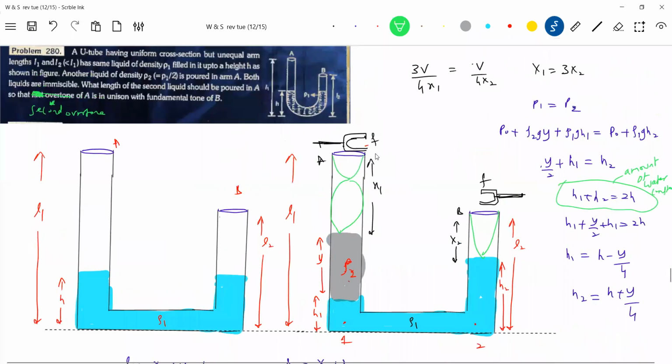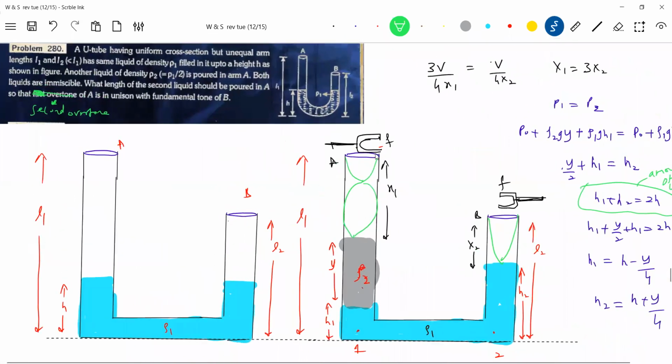Let me rewrite that part. Second overtone. Second means this, I'll write it 5.